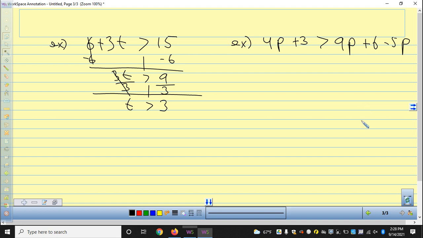So what is going to be my first step on this inequality? I need to combine like terms because I have a 9p and a negative 5p on this right-hand side. So 4p plus 3 is greater than 9p minus 5p, which is 4p, and we still have the plus 6.